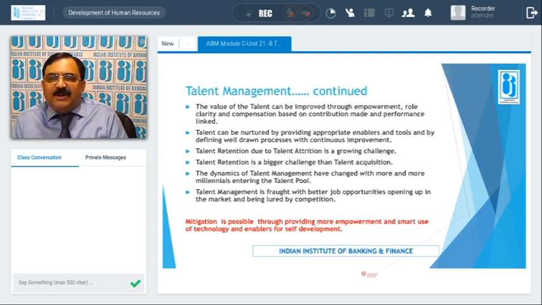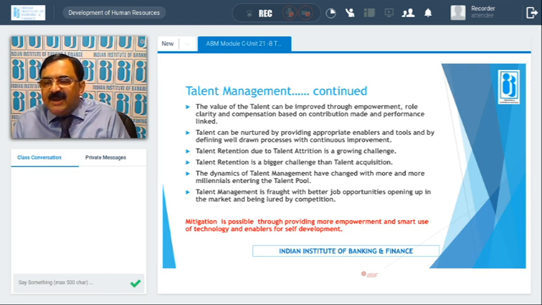Now, there is also the important requirement to nurture the talent. So, talent actually can be nurtured by providing appropriate enablers, which could even be like smart use of technology to make whatever job is being performed more result oriented, and can also improve the speed.